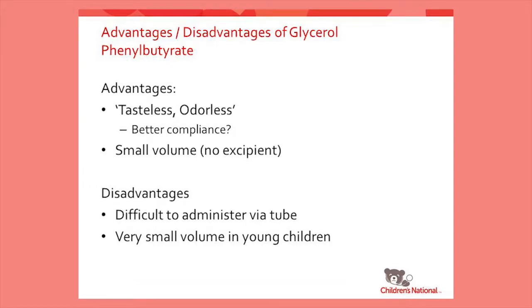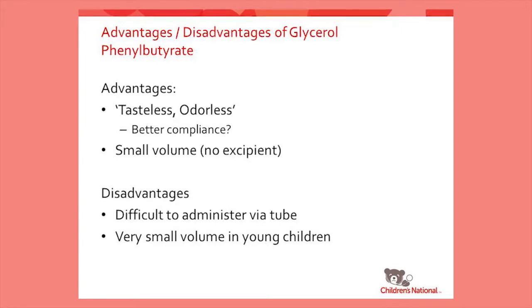This has been marketed with the idea that compliance would be improved. Obviously, if you make it more palatable, people would be able to take it. It is also in a smaller volume. There's no excipient. So for instance, our phenylbutyrate tablets are 500 milligrams, so an adult patient is taking upwards of 30 tablets a day.